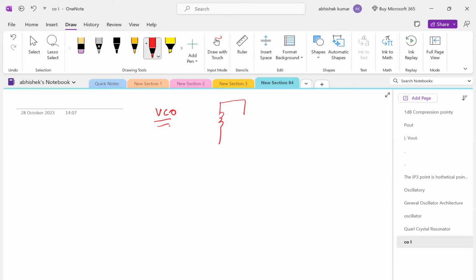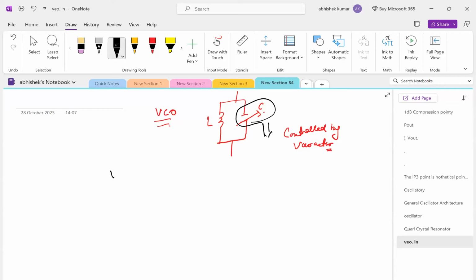So this is L, this is C. But here this C value is controlled by a varactor diode. What does a varactor diode do? A varactor diode changes the capacitance of the diode depending upon the voltage applied to it.